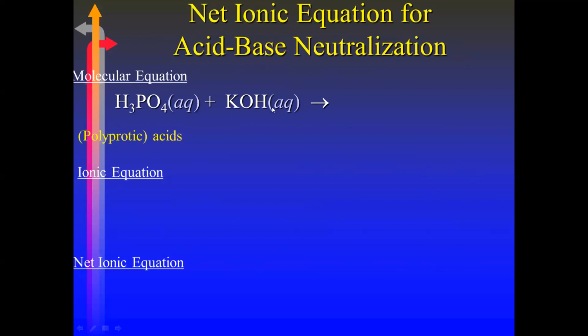This acid plus this base, this polyprotic acid, like we said, will produce the salt and the water. So this potassium ion will combine with these phosphate ions. But you have to consider this one is 3 negative charged, and this one is 1 positive charged.